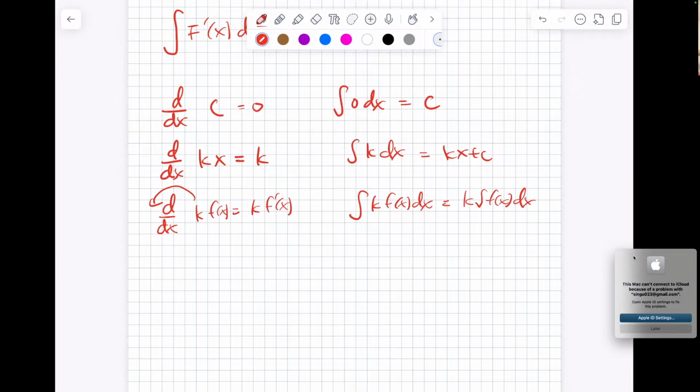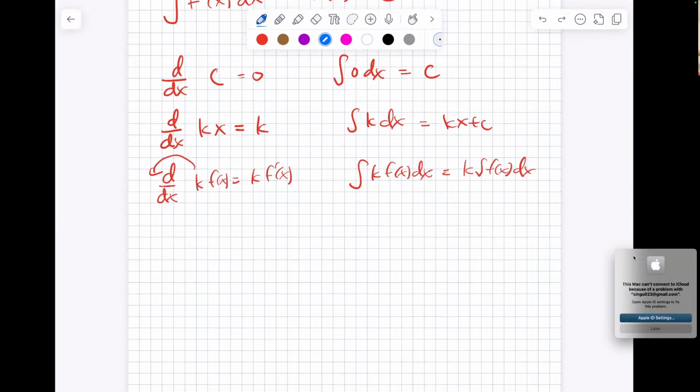So a constant can be taken outside. Now realize that all these rules are important, because your first questions on your homework could involve something as simple as this, and 60% of you will get it wrong, even though it's super simple. So all these rules are very important.